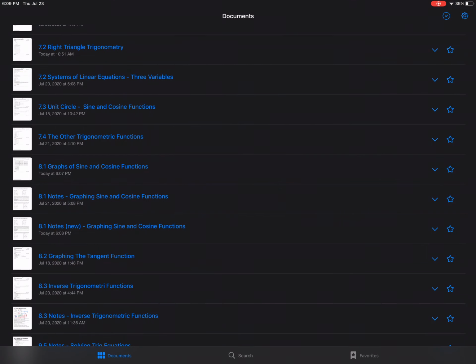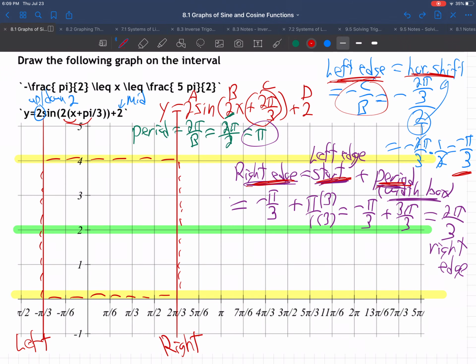Okay, so back we go. So in this box, then, I'm going to put my graph. It's a sine graph, so I'm going to start in the middle of the box. That'd be right there, and I'm going to end in the middle of the box. And halfway through, I'm going to be in the middle of the box, right? That's what sine does. Middle, middle, middle. And then in between, is it going to go up or down first?